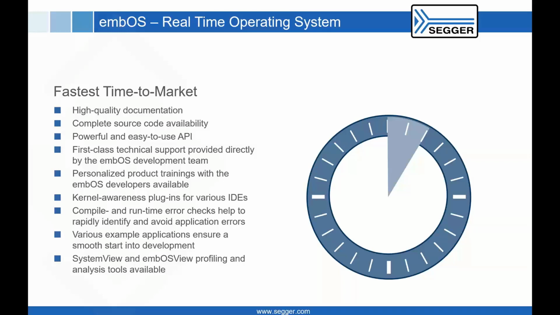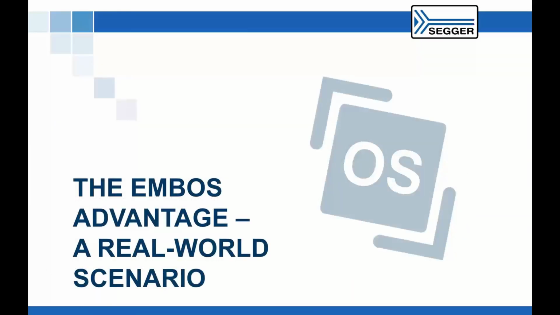And we offer a variety of example applications to help you get started with embOS. And then, as I will show you later, we have two pretty nifty tools called SystemView and embOS View, and those are profiling and analysis tools that are very helpful for developing your embOS application.